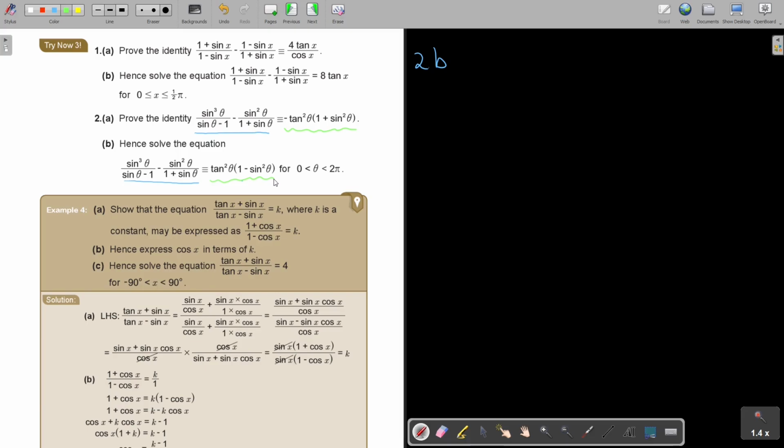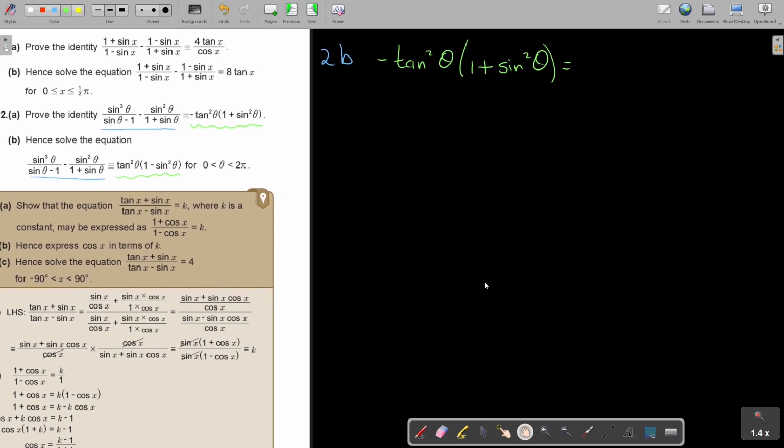So let's start by saying negative tan squared theta (1 plus sin squared theta) is equal to tan squared theta (1 minus sin squared theta). Now I think the best will be to take this term to the other side.